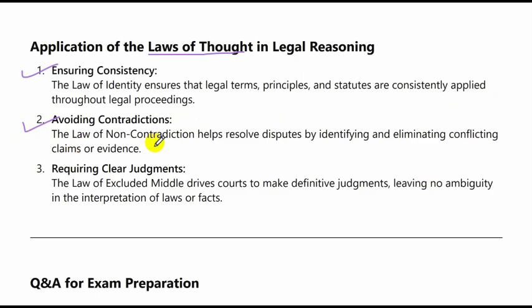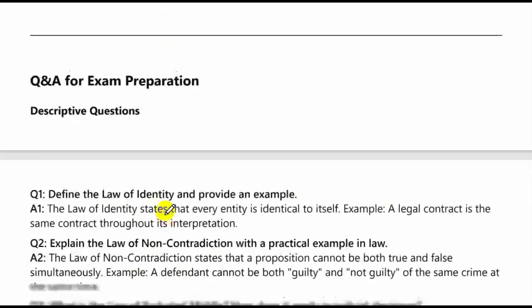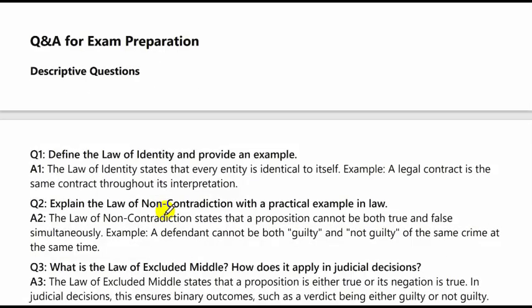The law of non-contradiction helps resolve disputes by identifying and eliminating conflicting claims or evidence. Very important. Third, requiring clear judgments. The law of excluded middle drives courts to make definitive judgments, leaving no ambiguity in the interpretation of laws or facts. Let's look at the questions and answers for exam preparation.